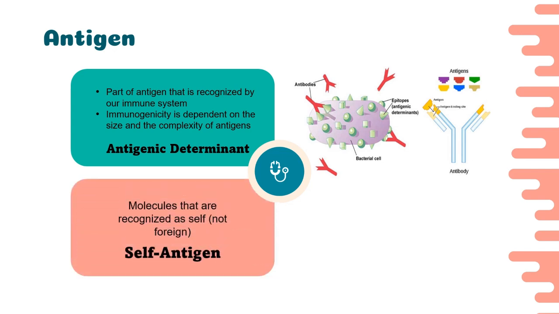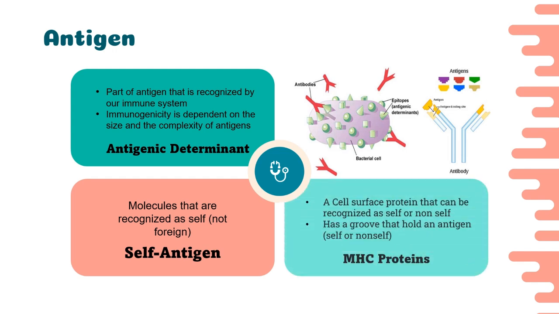And we have also another term, which is self-antigen, which are proteins or antigens that are presented on the cell membrane of our cells that are not recognized by our immune system, or they are recognized as self and not foreign. We also have a term which is MHC proteins.